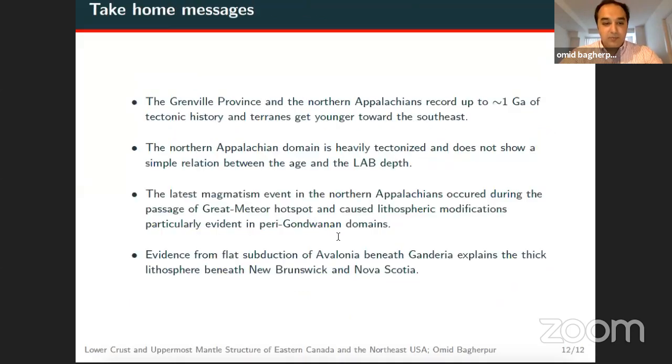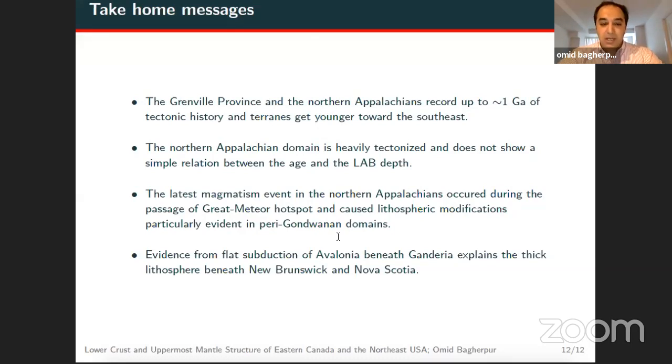Some take-home messages. The Grenville province and the Northern Appalachians are great study regions because they have a very rich tectonic history. But the Northern Appalachians are highly tectonized, and that does not show a simple relation between the age and the LAB depths.